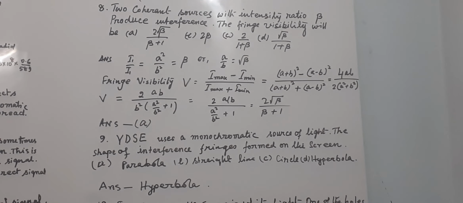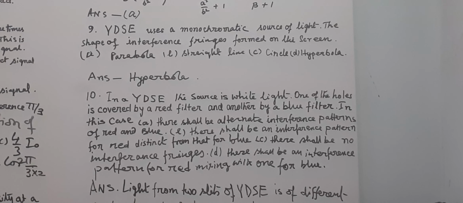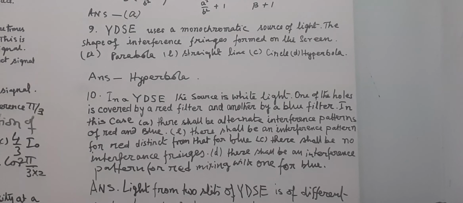Next is question number 9. Young's double slit used with a monochromatic source of light. The shape of the interference fringe formed on the screen. There are answers: parabola, straight line, circle, hyperbola.